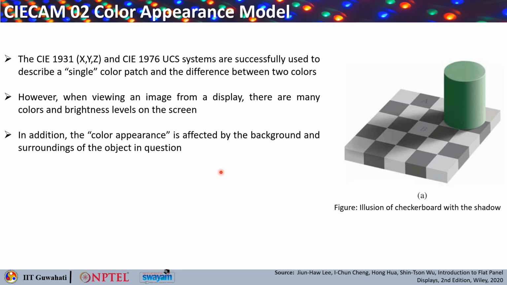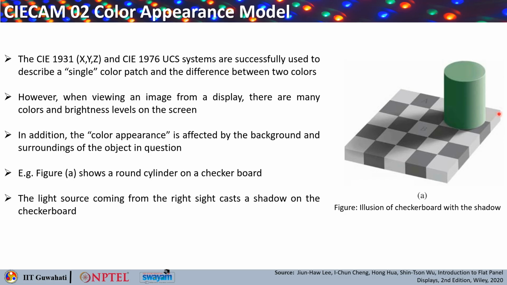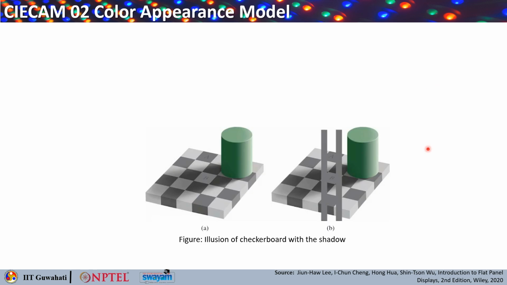In addition, the color appearance is affected by the background and also the surrounding of the object in question. So here is an example of a round cylinder being placed on a checkerboard. This is an illusion of a checkerboard with shadow. The light source obviously is behind this cylinder, so that it can cast a shadow on the checkerboard.